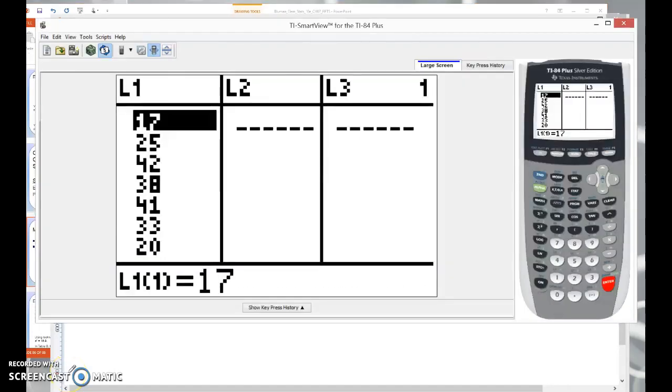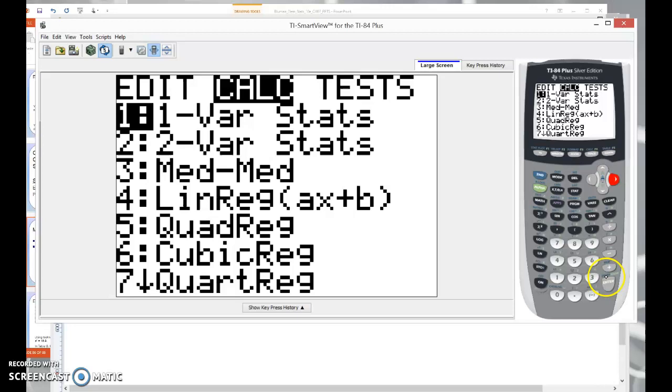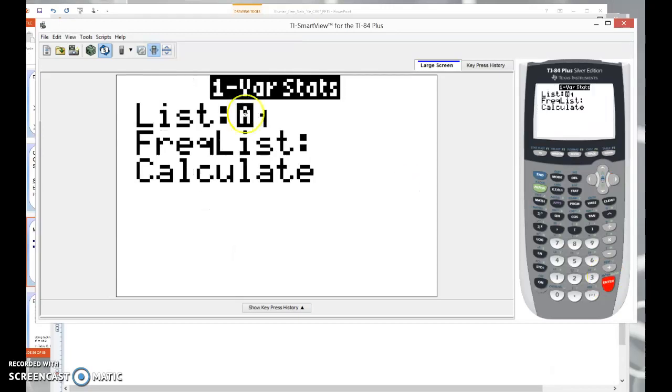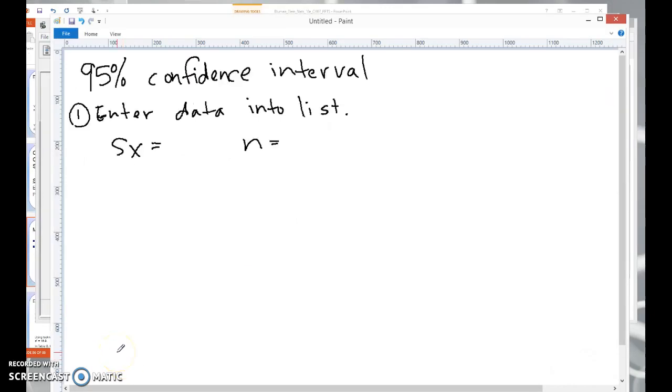Now that the data is in the calculator, go to Stat, Calculate, 1 var stats. Coming from list 1, go down to Calculate, enter. I want to make a note of the sample standard deviation and how many were in my sample, which was 10.1 and 17.